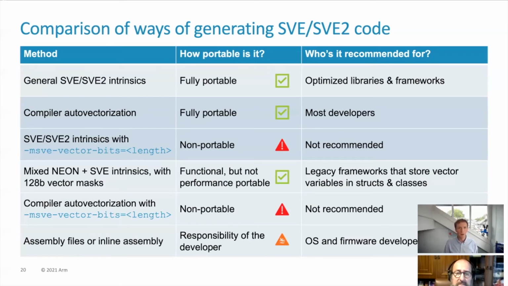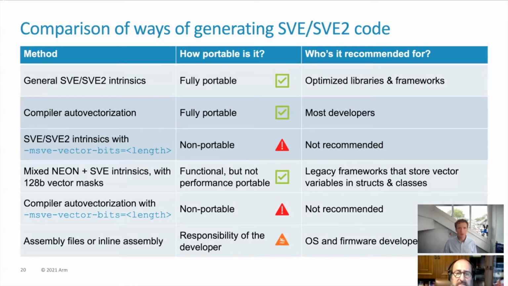We're working hard at enabling SVE2 auto-vectorization in the LLVM ecosystem, and it should be available in LLVM 14 and improved further in LLVM 15 next year. And we're also going to be enabling it in ARM compiler for embedded. All of these compilers will generate vector length agnostic SVE2 code by default.